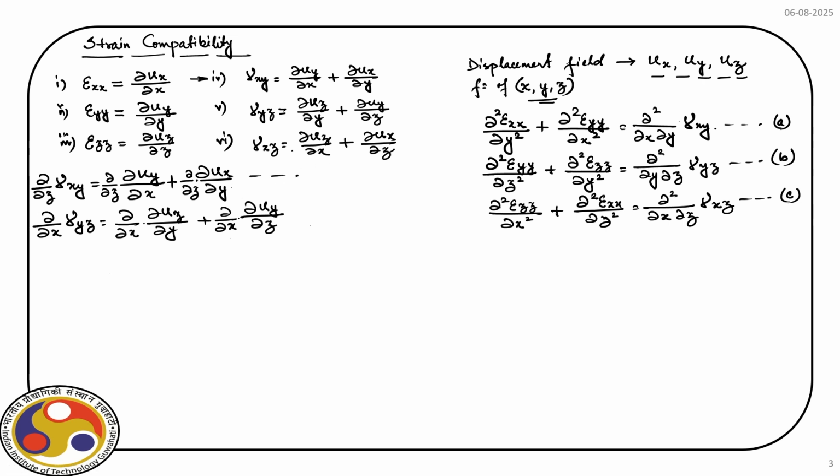So, this is our, say, if I follow the number, 7th equation, 8th equation, and then the last one we have gamma xz, which is equal to... and this quantity we differentiate with respect to y. This equation is the 9th equation.